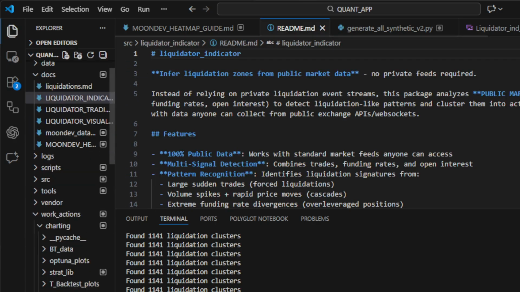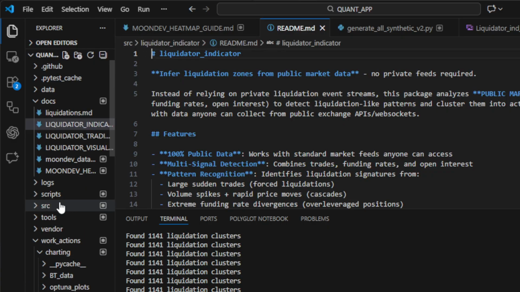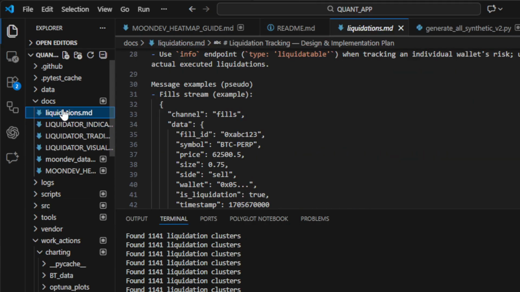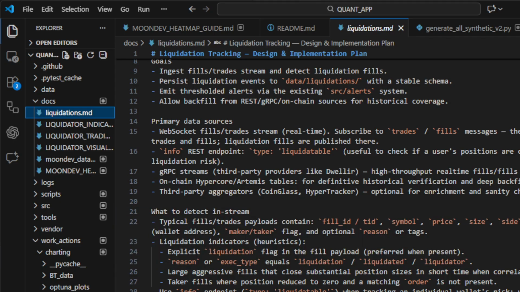But I'm just looking for the original MD file, liquidations MD. So actually it all began with this file, and as you can see I'm currently retesting the test I did before, and that was running with the BT.